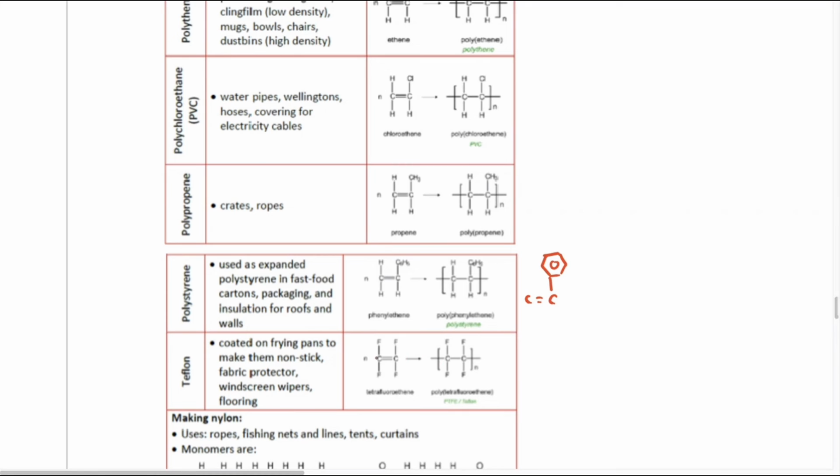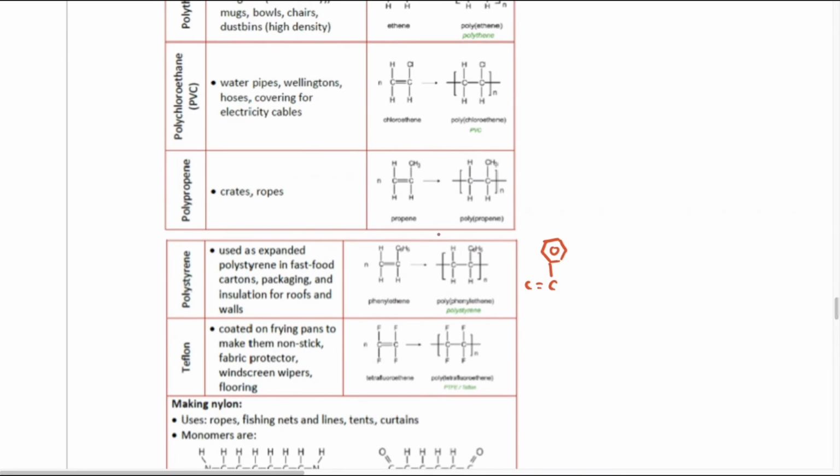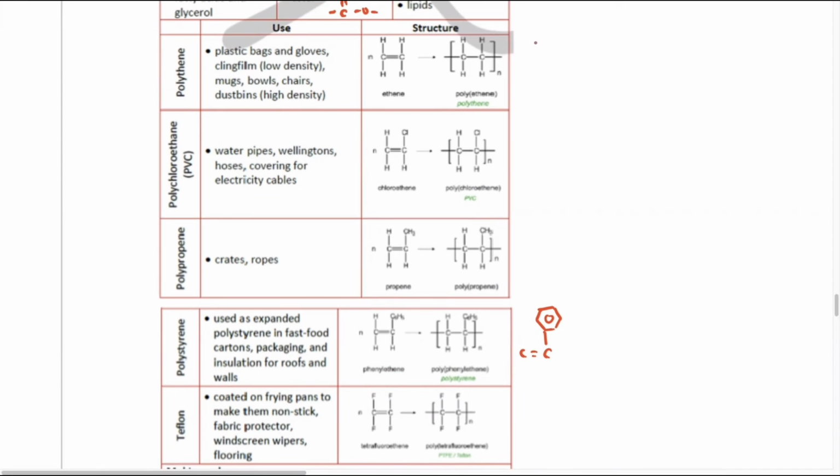Then the double bond is put in the center and extends sideways. So all the examples shown from the beginning until here are addition polymerizations, where the double bond extends sideways and becomes a single bond.